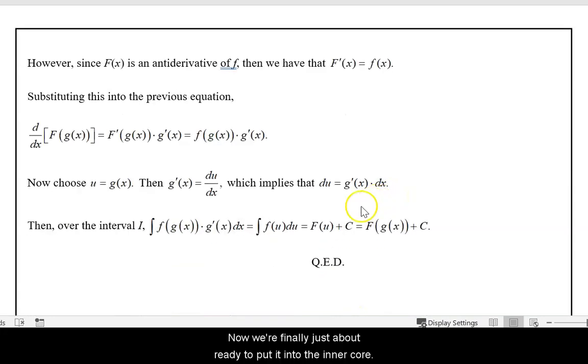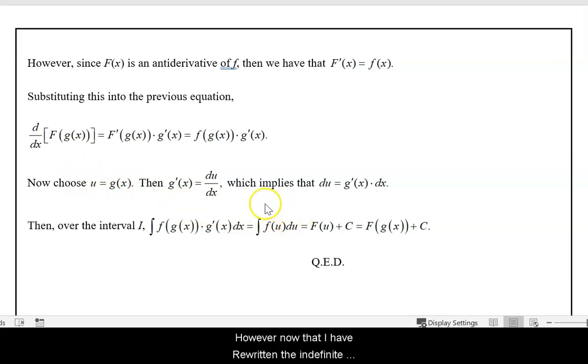Now we're finally just about ready to put it into the integral. Over the interval over which the derivative g prime of x is continuous, if I have the integral that you see here, which is the derivative of the antiderivative composed with g, then I can rewrite this as f of u du, since g prime of x dx is equal to the differential du, and g of x is equal to u, and I can substitute that in place of g of x.